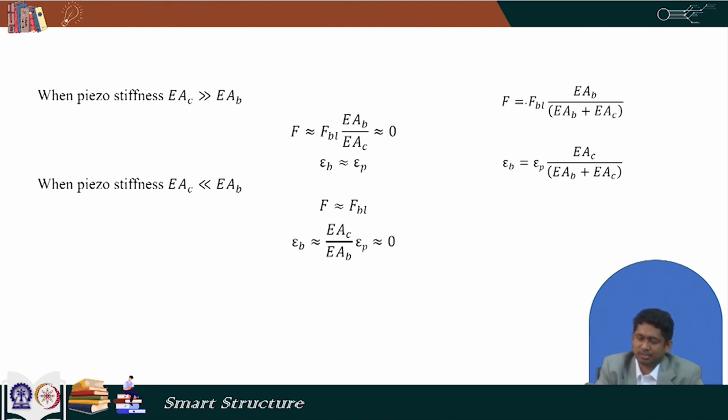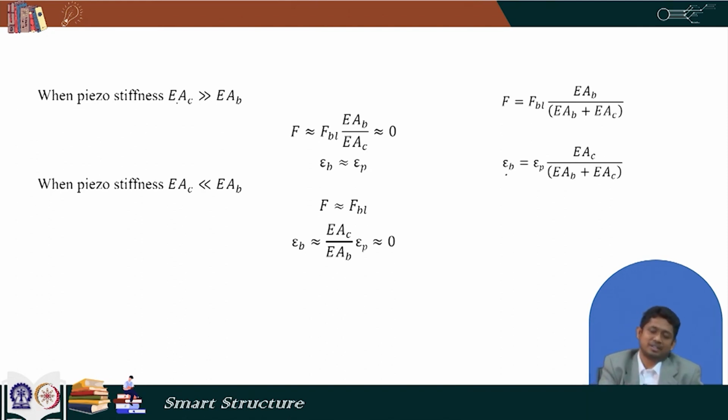This tends to 0. So, block force becomes 0, and when block force is 0, it means the actuator is expanding freely, and that is also evident from the expression for EB epsilon B. In the epsilon B, if I put the condition that EAC is much greater than EAB, then this tends to be 1. In that case, epsilon B becomes epsilon P.